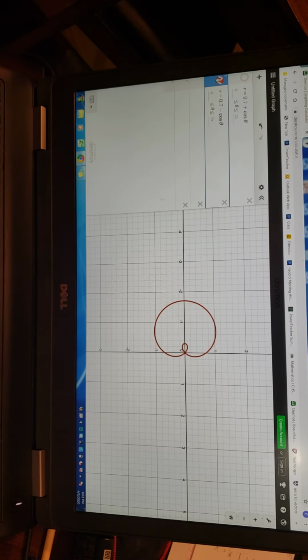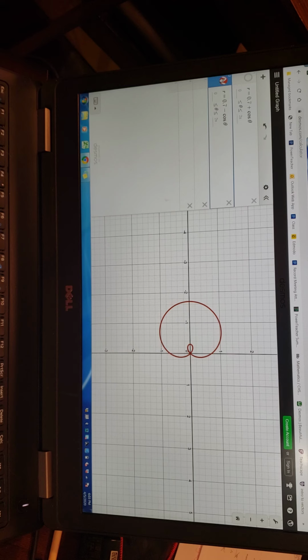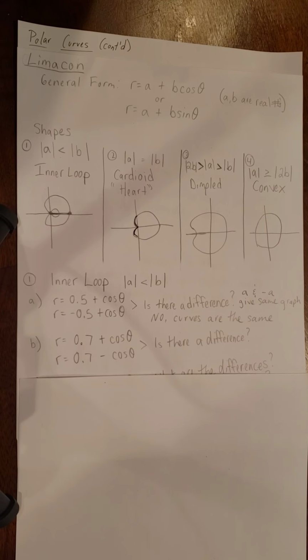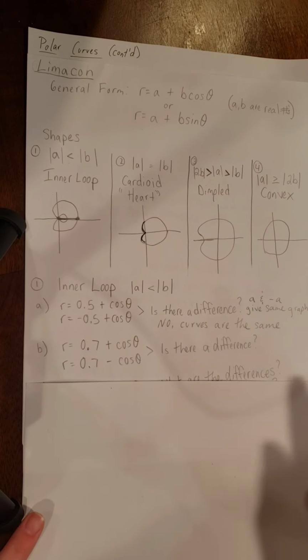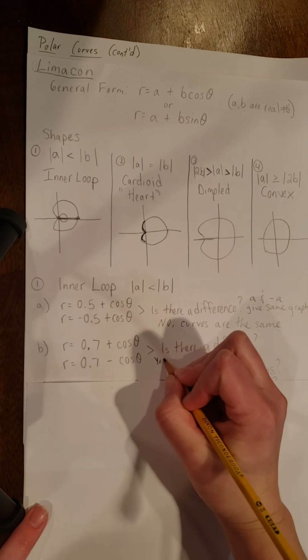It's opening to the left on the x-axis. So, is there a difference when b is positive and b is negative? Yes, the direction in which it opens changes. So to answer, is there a difference? Yes.